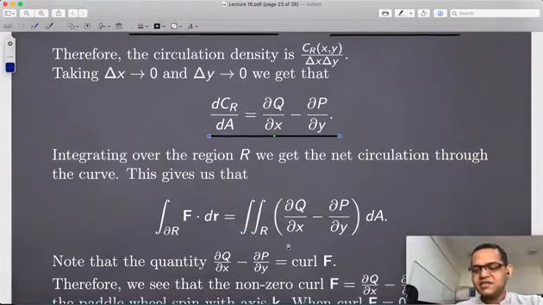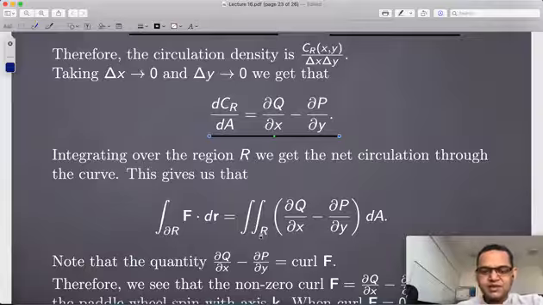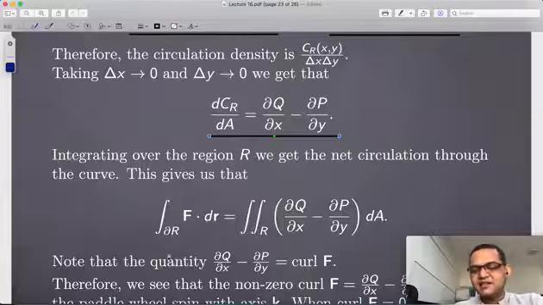So this integral is nothing but the net circulation of the liquid flow across the region which you have taken. And this is precisely the line integral of the tangential component of the vector field.